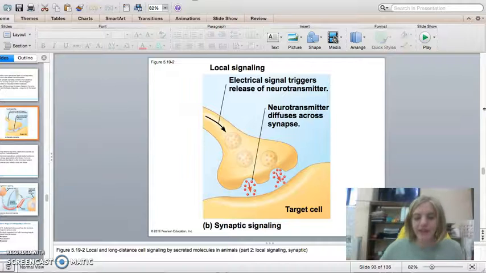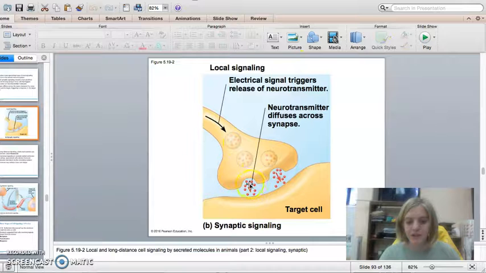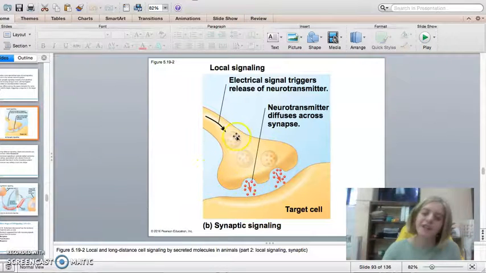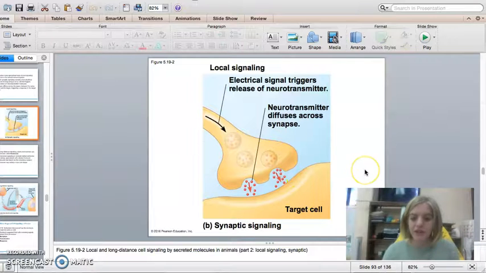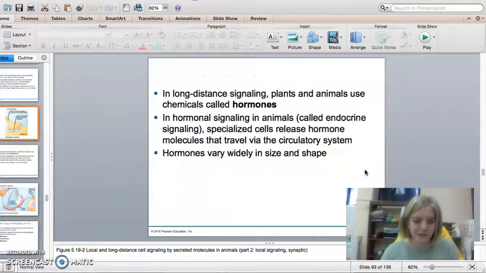So this synaptic signaling looks pretty similar to paracrine signaling, but you can see these are specific nerve cell neurotransmitter molecules that are diffused from the nerve cell and hit the target cell, thereby creating a response.